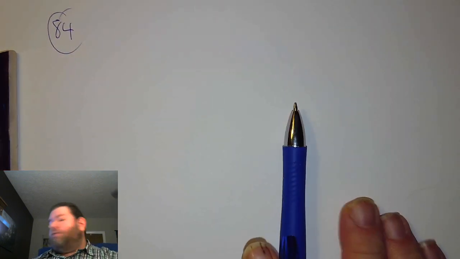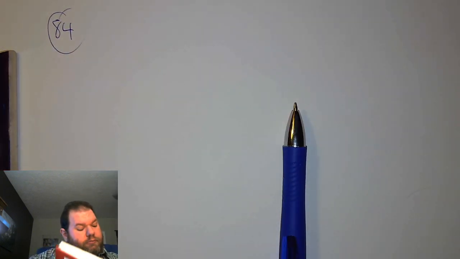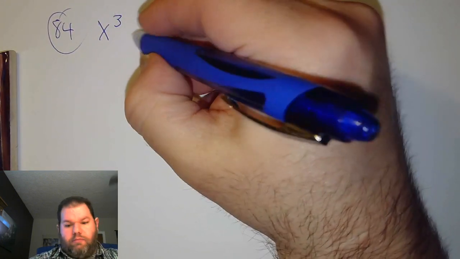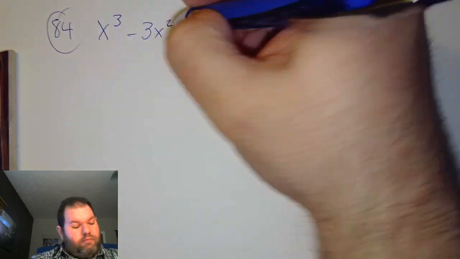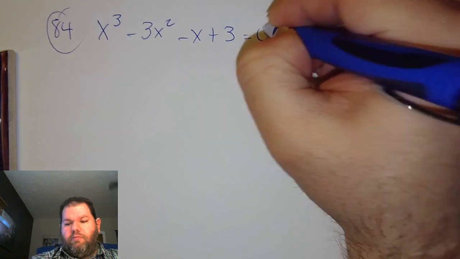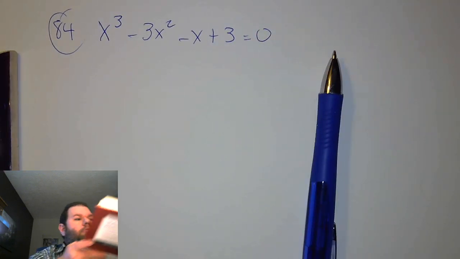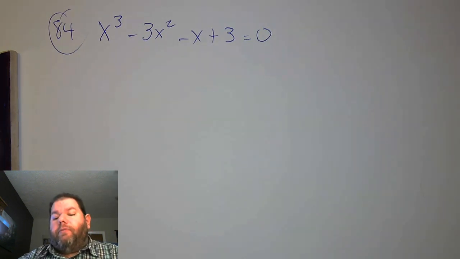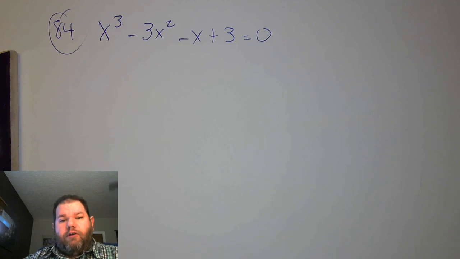Yeah, so we'll go ahead and do 84, which should be very similar. So we said this is factoring by grouping, and we'll start off the same way. We'll go ahead and group our pairs of terms together.